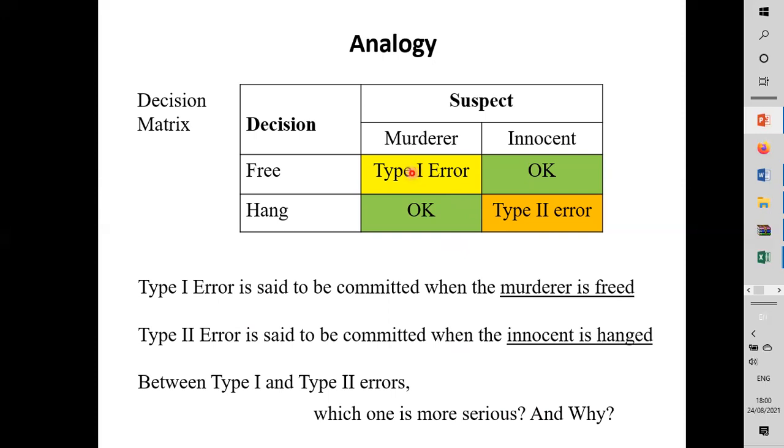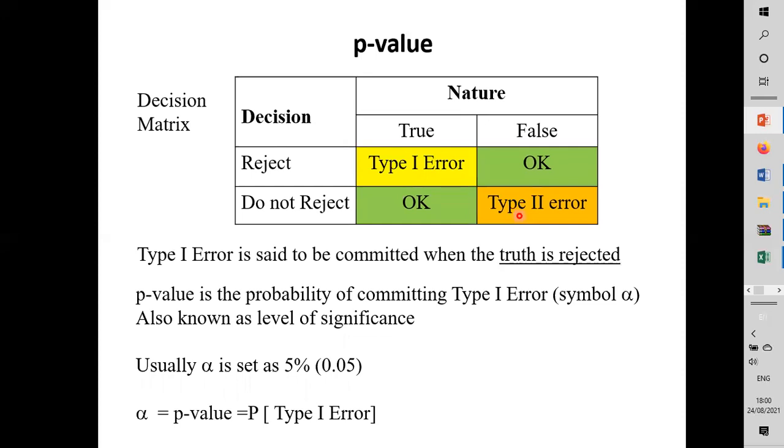So now we want to set a probability of committing type 1 and type 2 errors. So again, go back to the nature: type 1 error is said to be committed when the truth is rejected. Now we're going to set a p-value, probability value. P-value is just a probability value, symbol alpha.